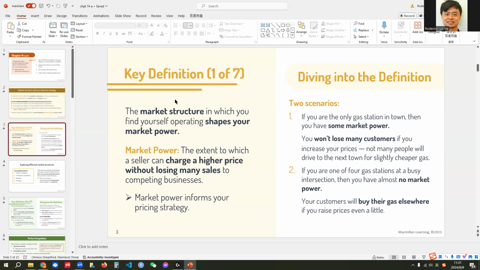Market power is defined as the extent to which a seller can charge a higher price without losing many sales to competing businesses. That's why previously we introduced inelasticity, and I emphasized its importance to the operation of business.